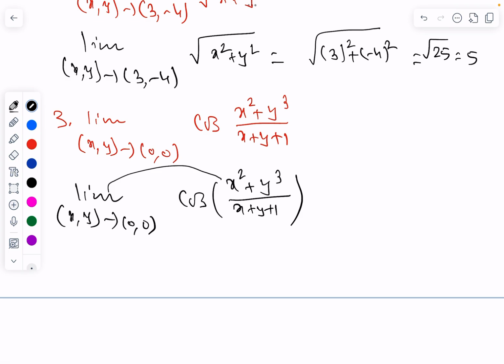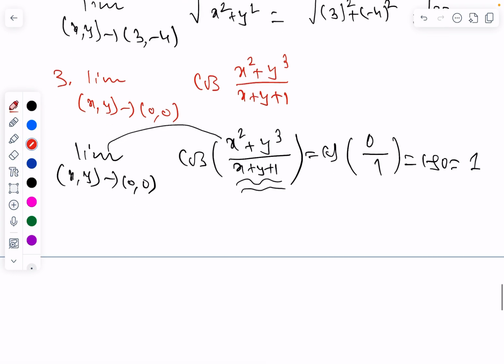You can take the limit inside because the cosine function is continuous. x is 0, y is 0, so the numerator is 0, but the denominator is not 0. It is 1. So this is cosine 0, and that is nothing but 1.